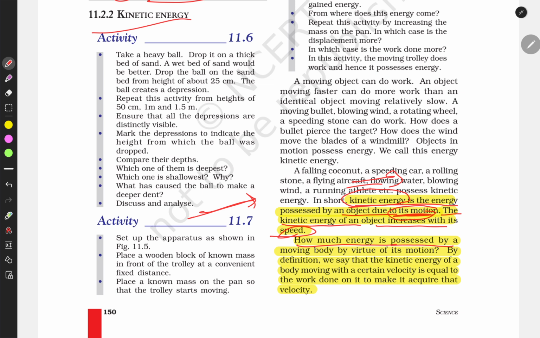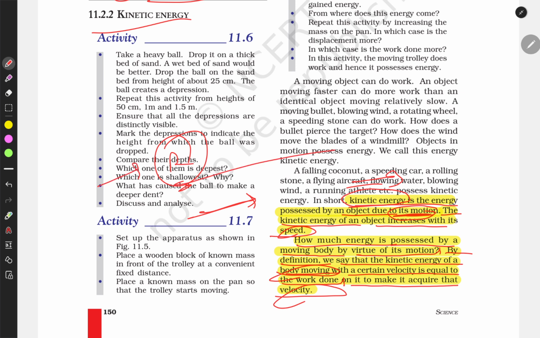How much energy is possessed by a moving object by virtue of its motion? By definition, the kinetic energy of a body moving with a certain velocity is equal to the work done to acquire that velocity. So kinetic energy will be equal to the work done on the object to make it move. Suppose there is an object at rest.